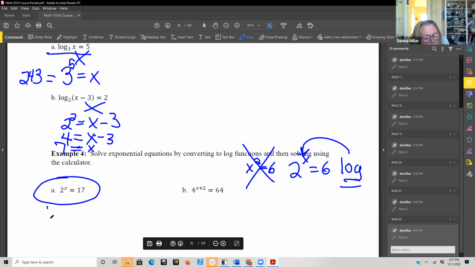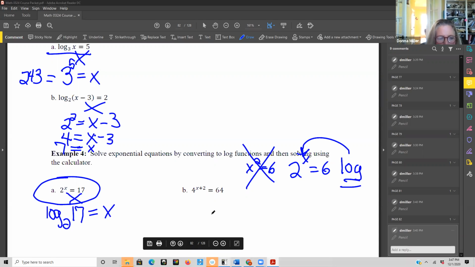So here I'm going to use a log. The base is 2, and I'm going to switch these guys. So log base 2 of 17 would equal x, right? So that's just a number. That's a number I can plug in my calculator. So I'm going to do that.